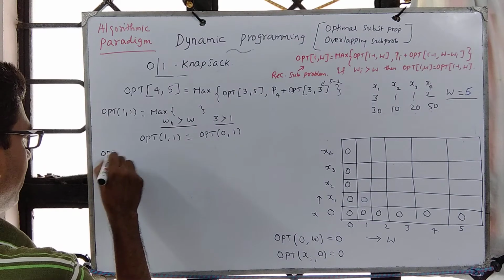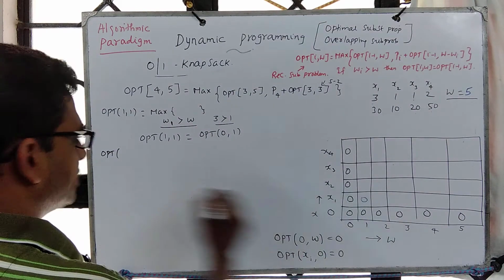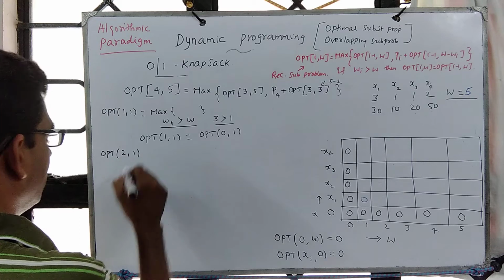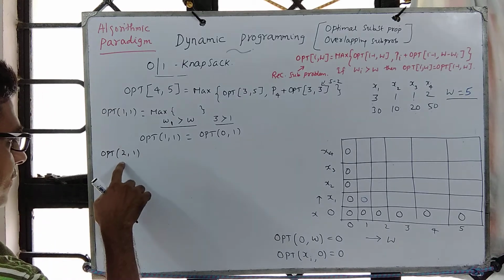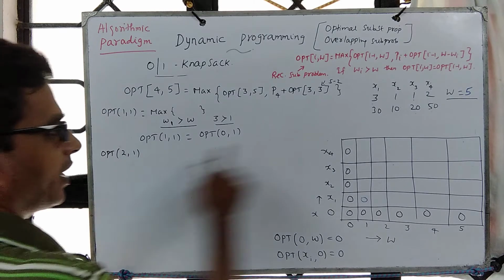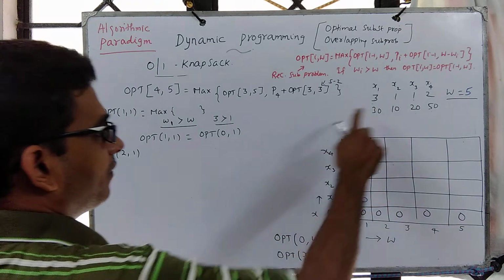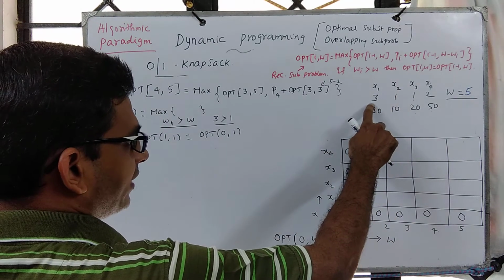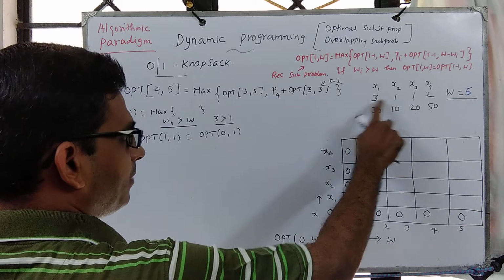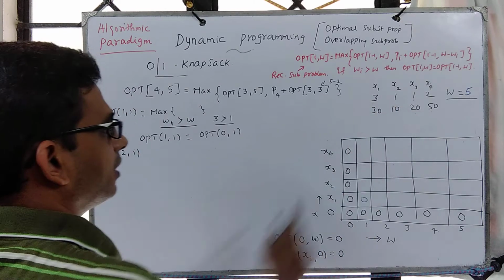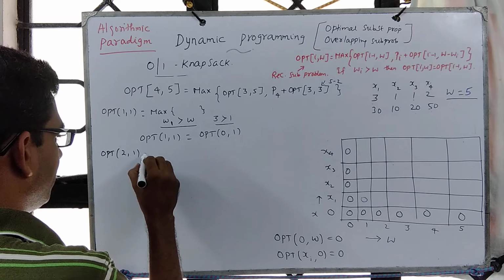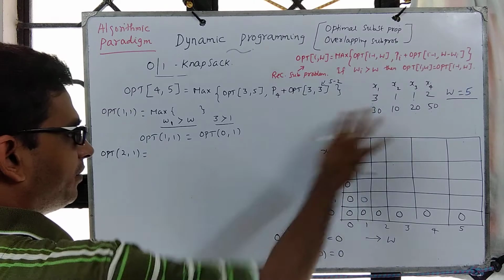Let's look at opt of say 2 comma 1, which means we are going to work with first two objects and local weight is 1. We get to see that x1 cannot be considered because its weight is 3, but one can consider this, and which means we get a profit of 10. Intuitively that is the picture.